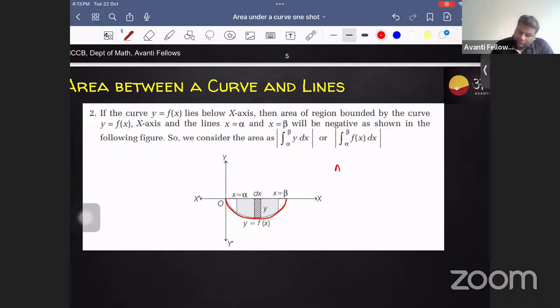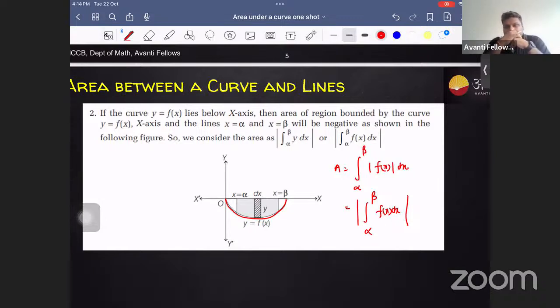So area will be what? Either you can write from alpha to beta mod of f(x) dx, or you can do alpha to beta f(x) dx and mod of whole, because the entire curve is below the x-axis. Correct? Because the entire curve is below the x-axis.